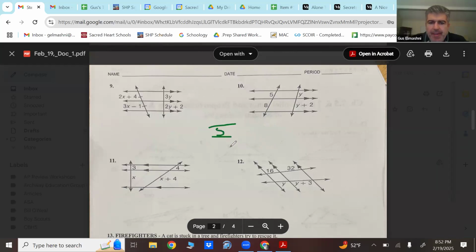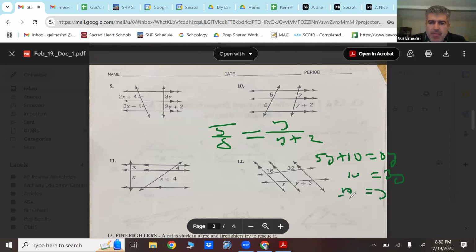Here, 5 over 8 equals y over y plus 2. Cross multiply the sucker. y is 10/3.